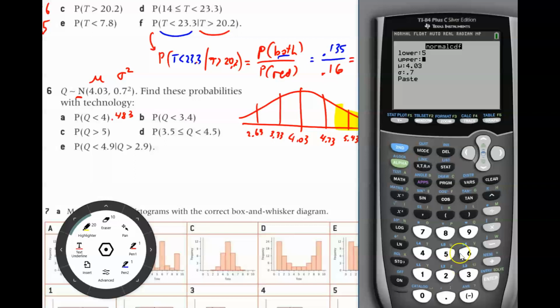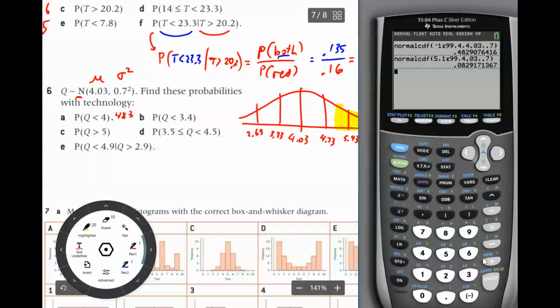So now I'm going to go from 5 to positive infinity, which would be 1E99. And the mean and the standard deviation are the same. And I'm going to paste that. And it gives me 0.0829. So I was pretty close. I said 10%, right? 0.0829. I did C instead of B. I want to do B.